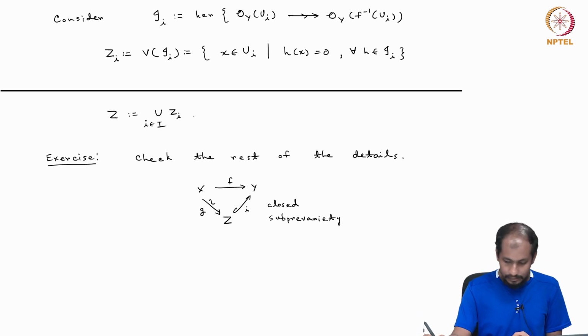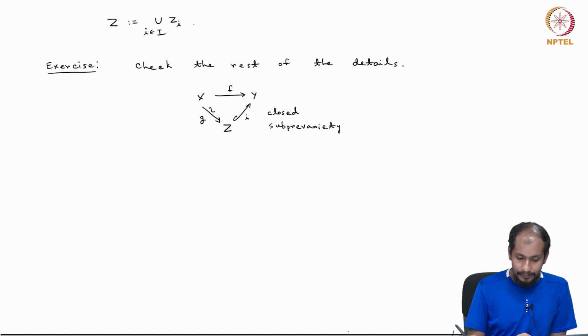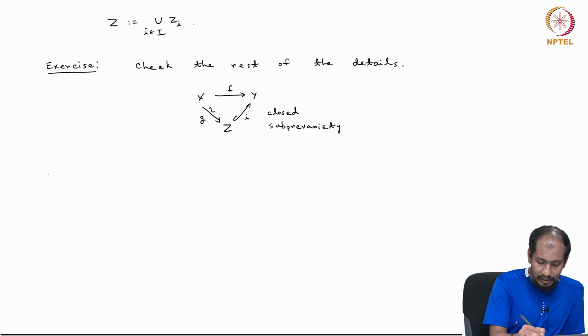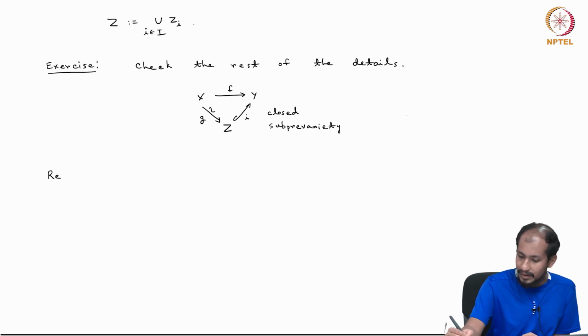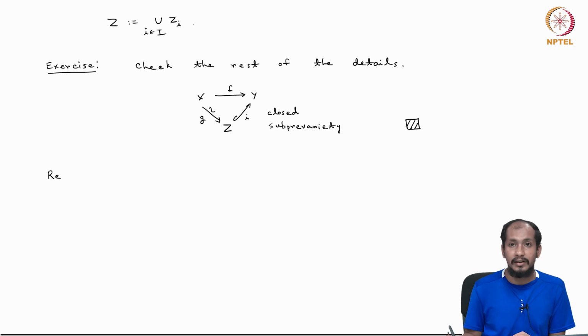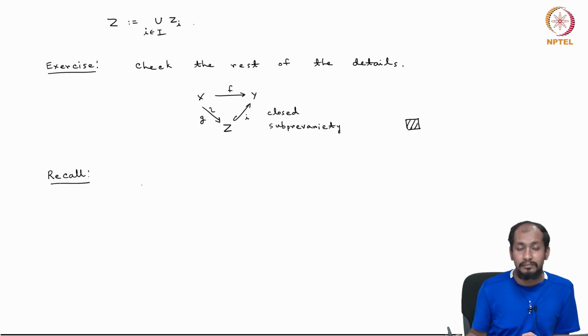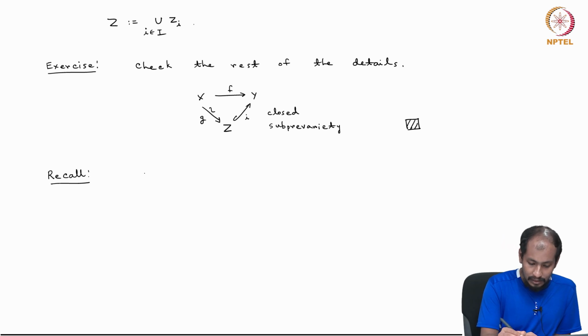Now let me recall another thing. So we are done here with this proposition, the criteria for closed immersion. Now recall the graph of a morphism. Let f be a morphism of pre-varieties.